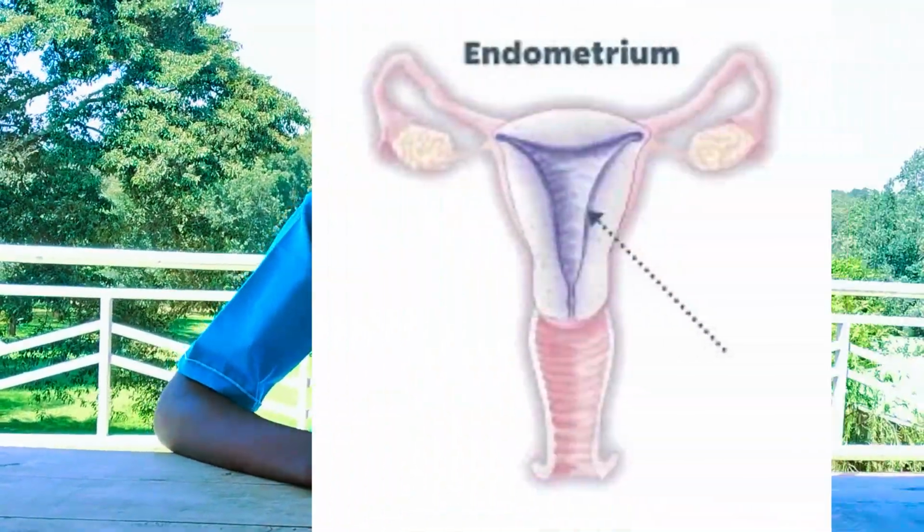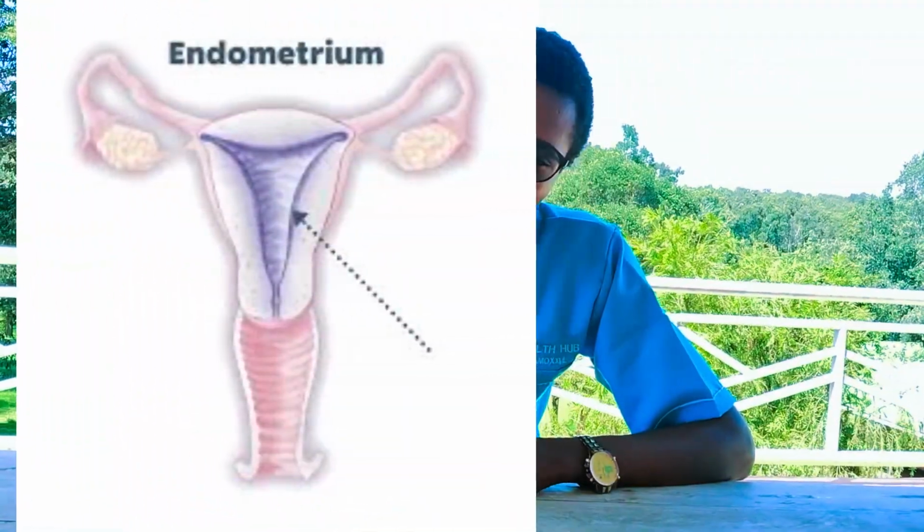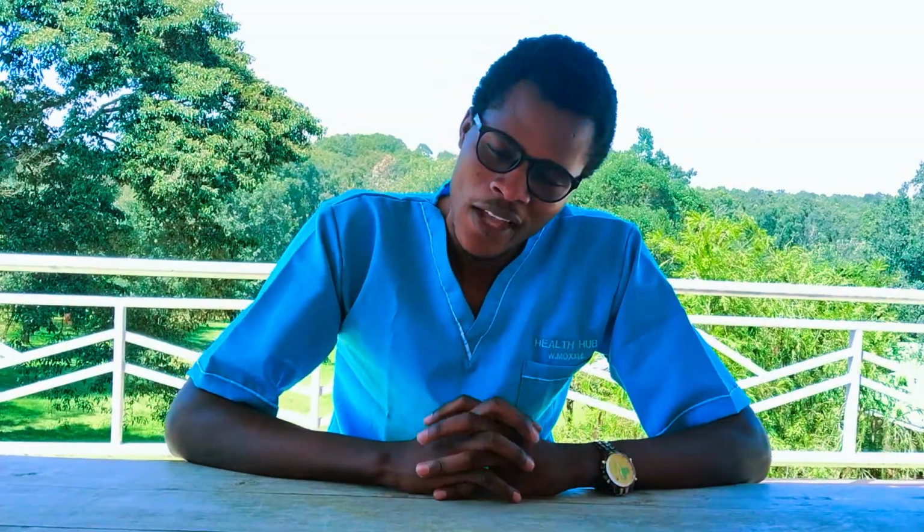Apart from inhibiting ovulation through the inhibition of gonadotropin releasing hormone, they can also affect the wall of the endometrium, so implantation will not take place. With no implantation, you're not going to carry that pregnancy to term. They can also thicken the cervical mucus.